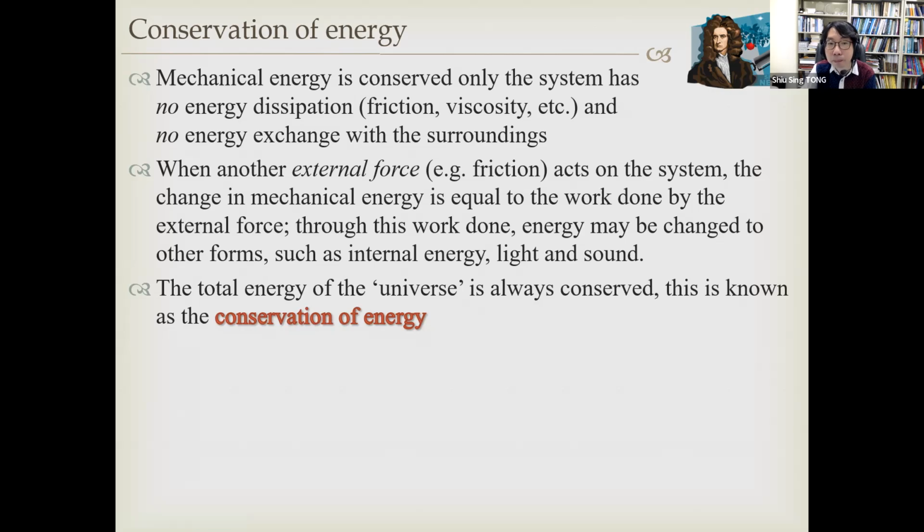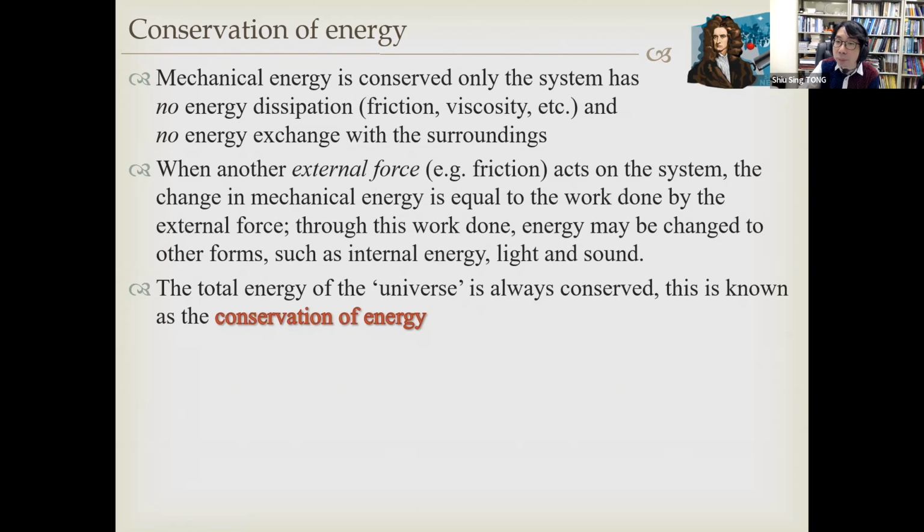Now, if there's a frictional force as an external force acting on a system, then mechanical energy will not be conserved, right? But the change in mechanical energy of the system will be equal to the work done by the external force. And so in this situation, the frictional force will be doing negative work on the system, and it will decrease the energy of the system.